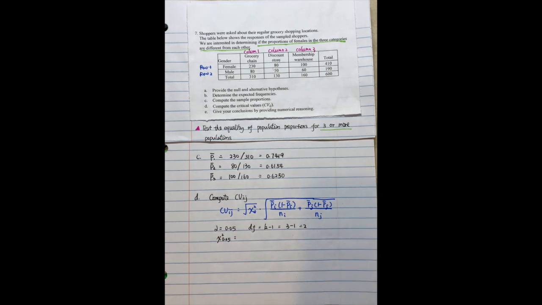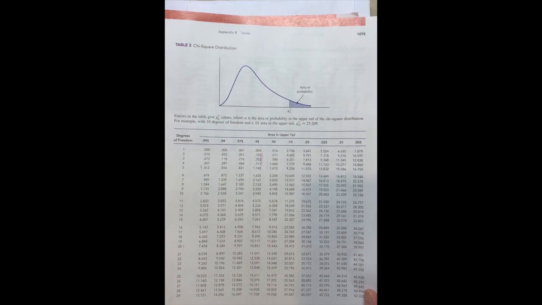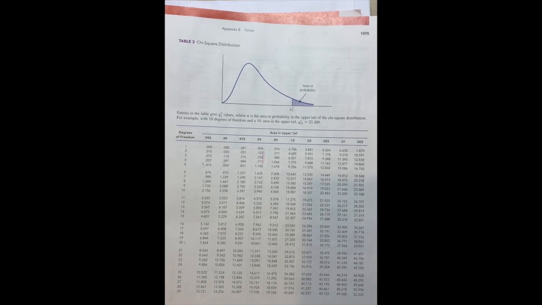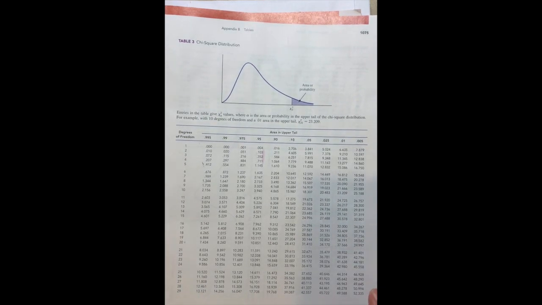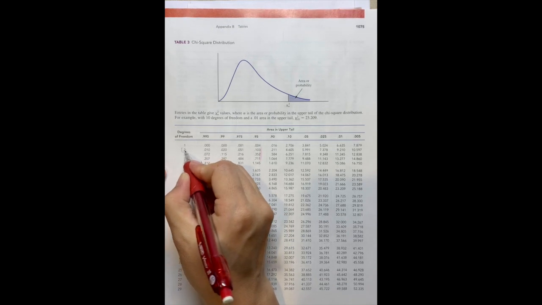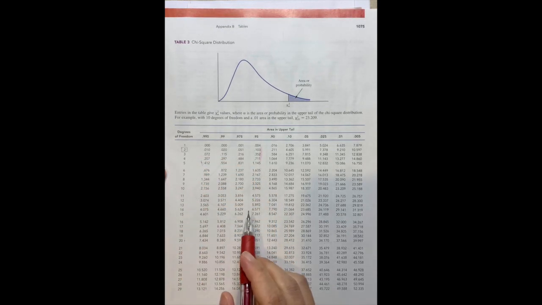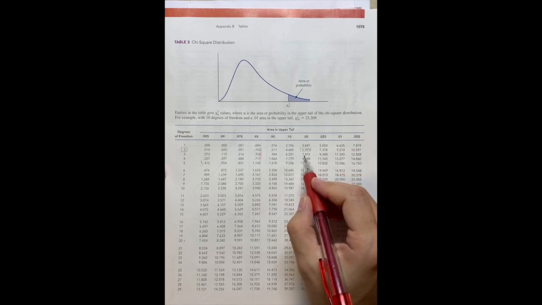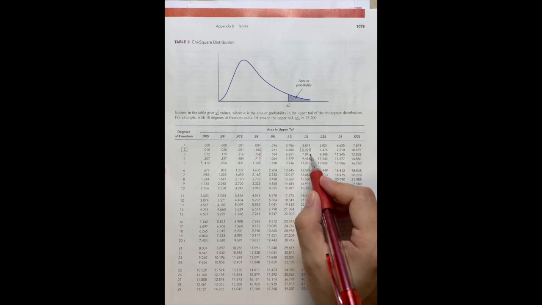Then let's go check our chi-square distribution table. This is the chi-square distribution table, okay? So first, you need to find the degrees of freedom, and in our case, the degrees of freedom equal 2. And then you can find the alpha, the level of significance, equal to 0.05, which gives a chi-square statistic here equal to 5.991, okay?